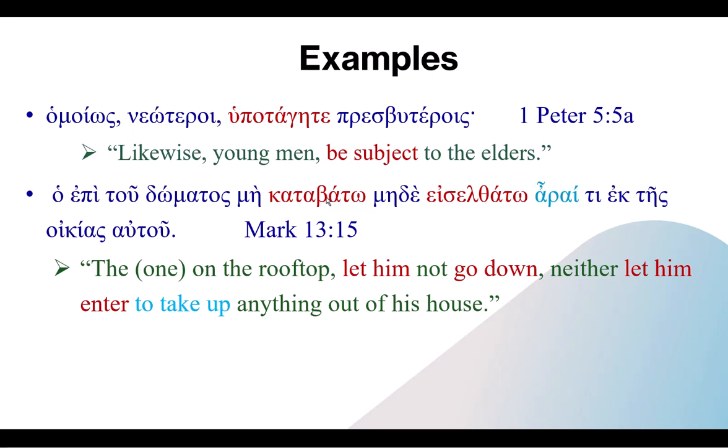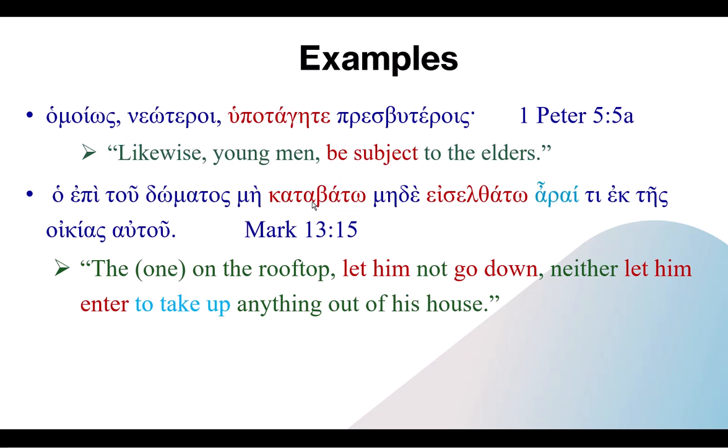So we have let him not go down, neither let him enter. And then here is an infinitive from airo. Notice the alpha iota ending here, because the present tense is airo, alpha iota rho. This is a second aorist again. And so we have a second aorist active infinitive, to take up.